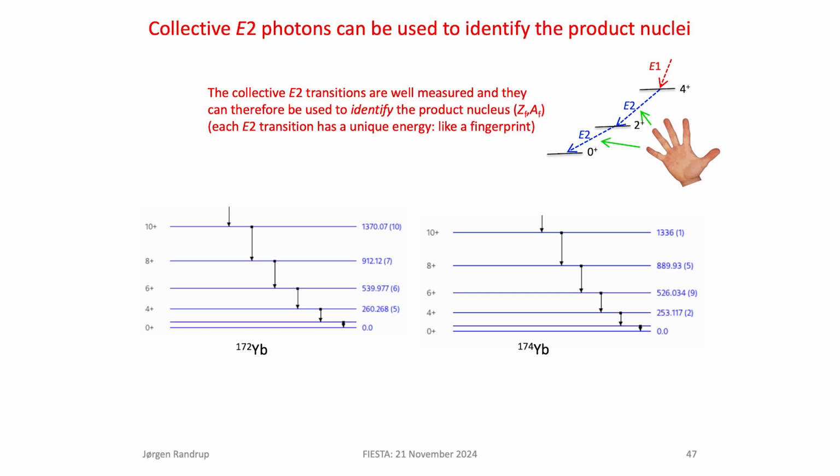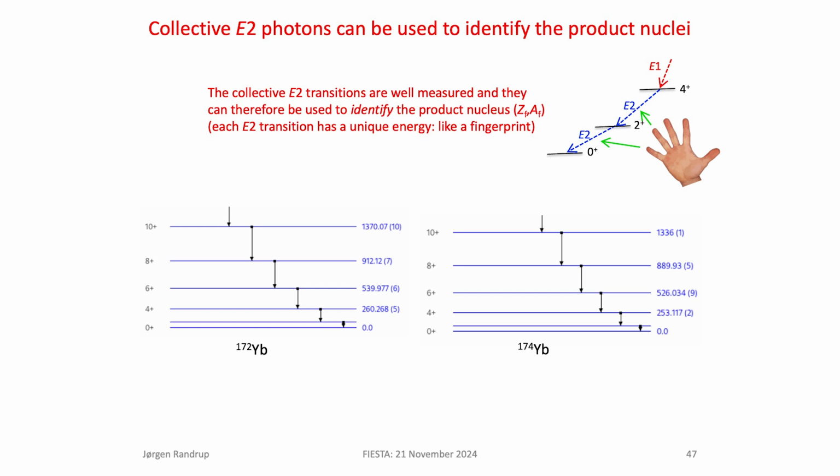So by measuring these energies, which you can do really rather accurately, it's like getting a fingerprint of a nucleus. Each one is a fingerprint, in fact, so you get a fingerprint for each of several fingers. So you can really identify the nucleus rather precisely. This is a powerful means experimentally to know what fragment you're dealing with.